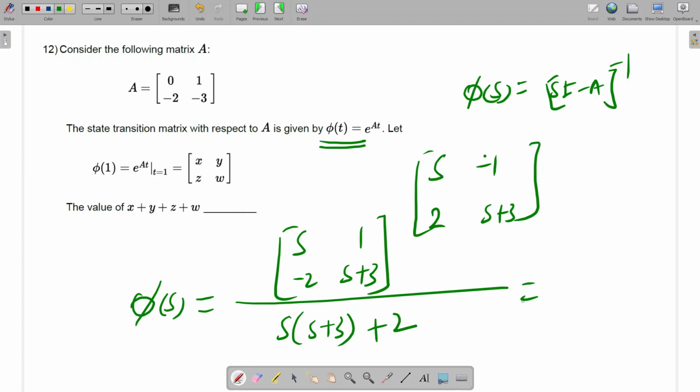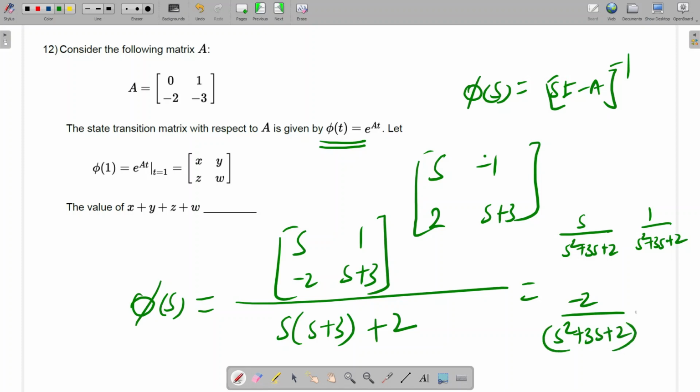So the denominator will be s square plus 3s plus 2. So we get s divided by s square plus 3s plus 2. Here it will be 1 divided by s square plus 3s plus 2. Here it will be minus 2 divided by s square plus 3s plus 2. And here it will be s plus 3 divided by s square plus 3s plus 2.